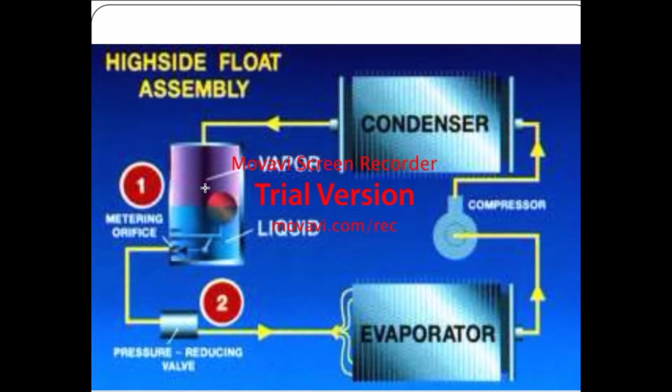If the level is lower, we will close the valve. So we need a high level of refrigerant to open the supply of refrigerant into the evaporator. That's why we call it the high side float valve. So it works differently from the low side type, but still using the float.